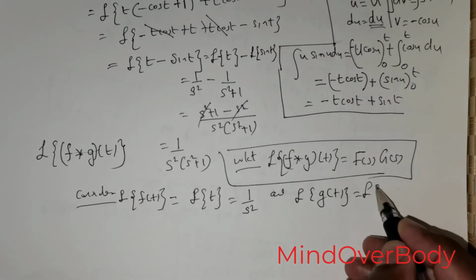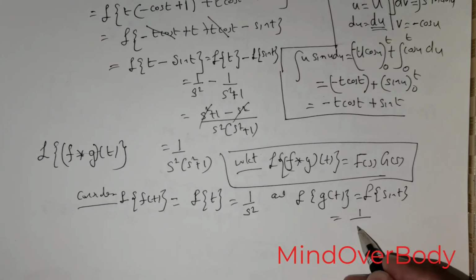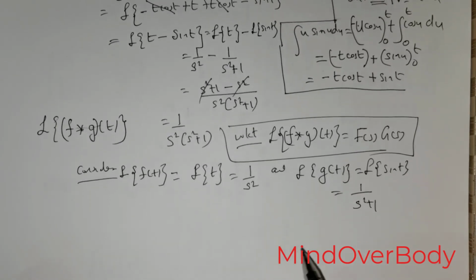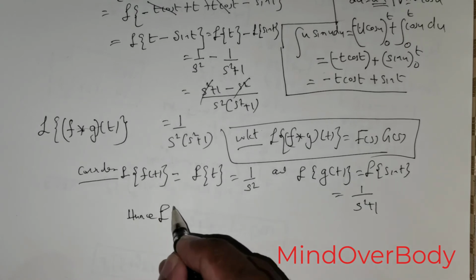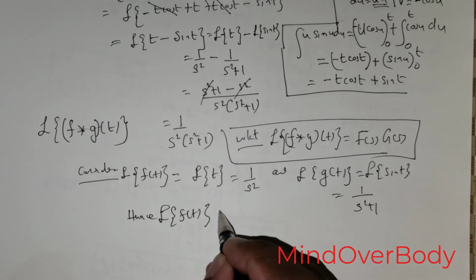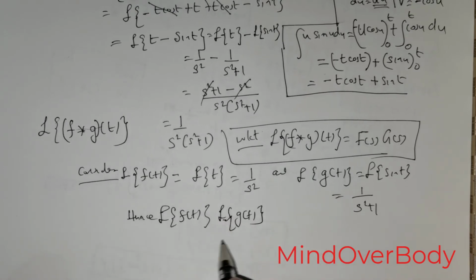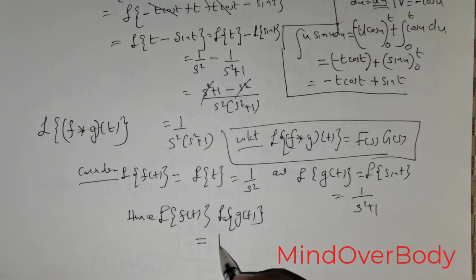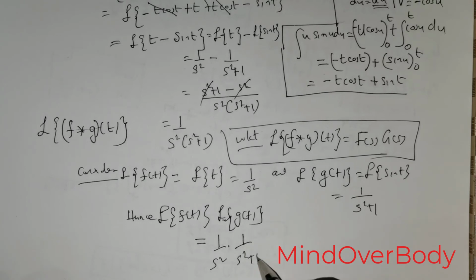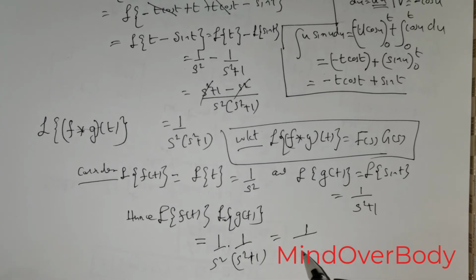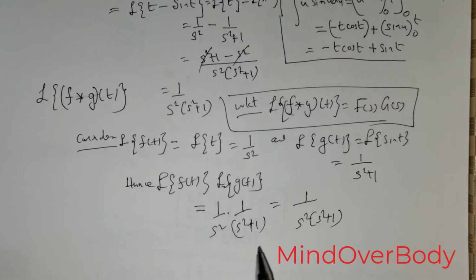So this is Laplace transform of sin t, which is going to be 1 over s squared plus 1. So hence Laplace transform of f of t times Laplace transform of g of t is equal to 1 over s squared times 1 over s squared plus 1, which is equal to 1 over s squared times (s squared plus 1), right?